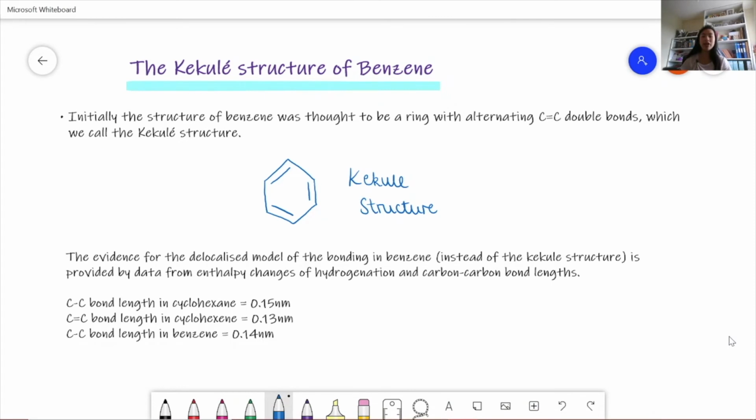Now we're going to have a look at the Kekulé structure of benzene. So initially, the structure of benzene is thought to be a ring with alternating carbon-carbon double bonds, which we call the Kekulé structure. So we can see it drawn here. And basically, if we were looking at the displayed formula, it would still be 6 carbons.